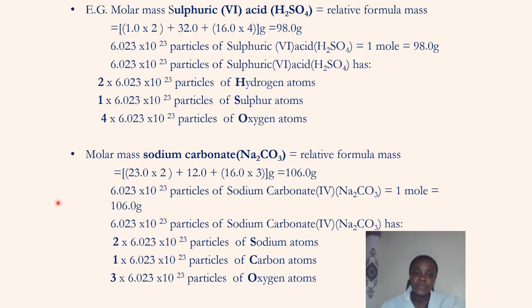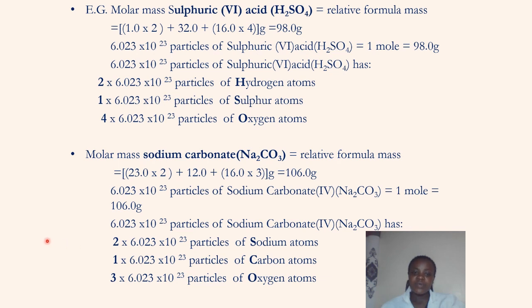So 6.023 times 10 raised to the power 23 particles of sodium carbonate is equal to 1 mole and is equal to 106.0 grams. That is the relative formula mass.